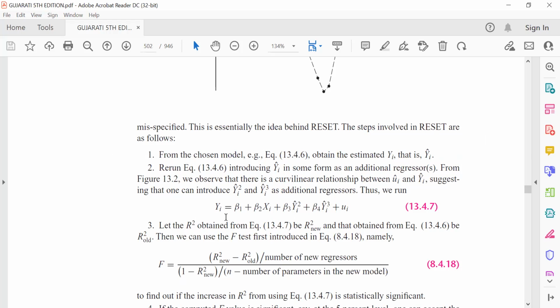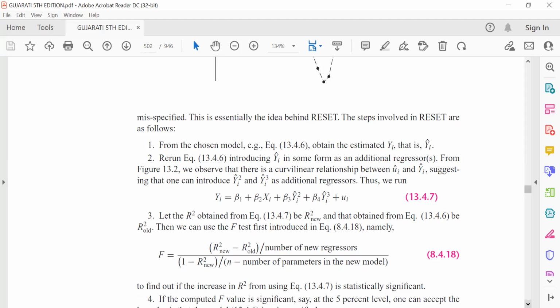Here we have y hat squared and y hat to the power 3. Then the R square obtained from equation 13.47 is the new R square, and the one obtained from 13.46 is the old one. So we can use this F test.